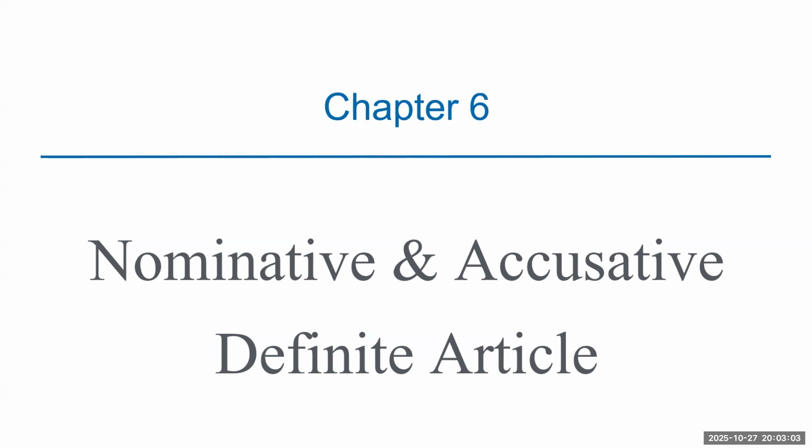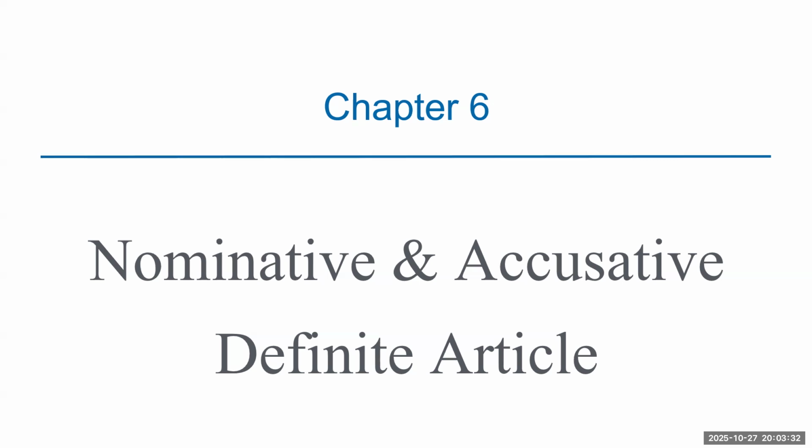So here's what I want to say before we get into this lesson. This is going to be a tough lesson because it's going to feel like you're drinking from a fire hose in a real way. I'm going to cover some initial information that's going to help you understand nominative and accusative case and the definite article.